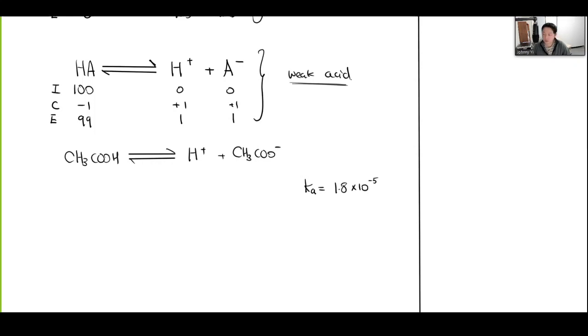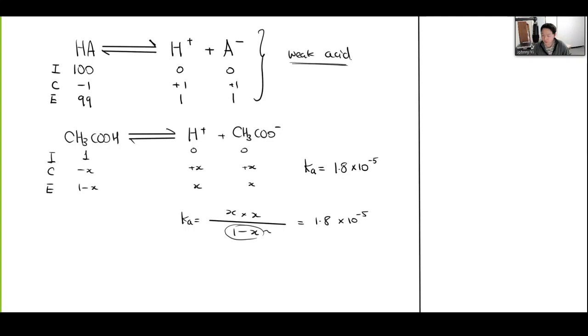So what that means is that if you start with 1 mole, and then 0, 0, this will go down by negative x, plus x, plus x: 1 minus x, x here. The acid constant is the product over the reactant, and this will achieve this number.